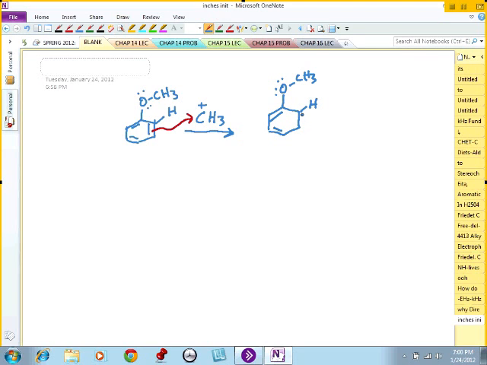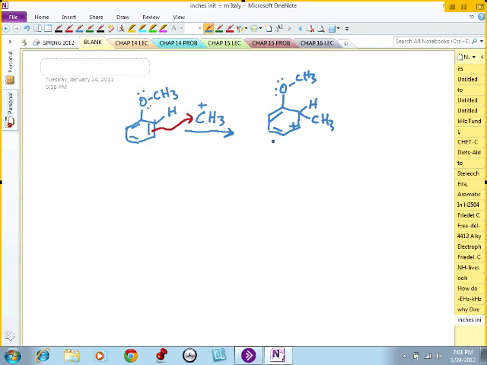Because the methoxy is an ortho-para director, where will your positive charge be? Right here.